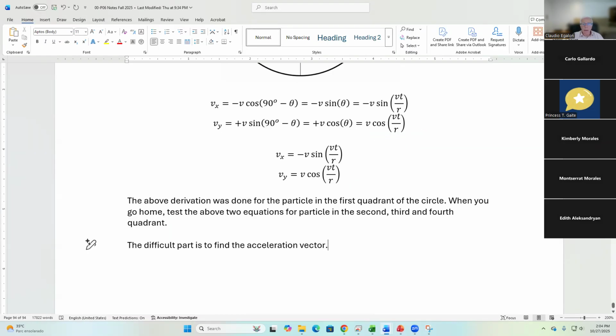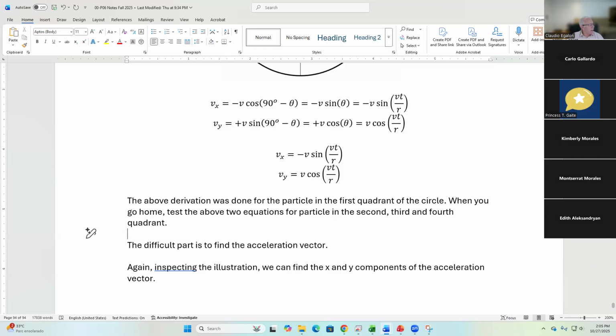And again, inspecting the illustration, we can find the x and y components of the acceleration vector.